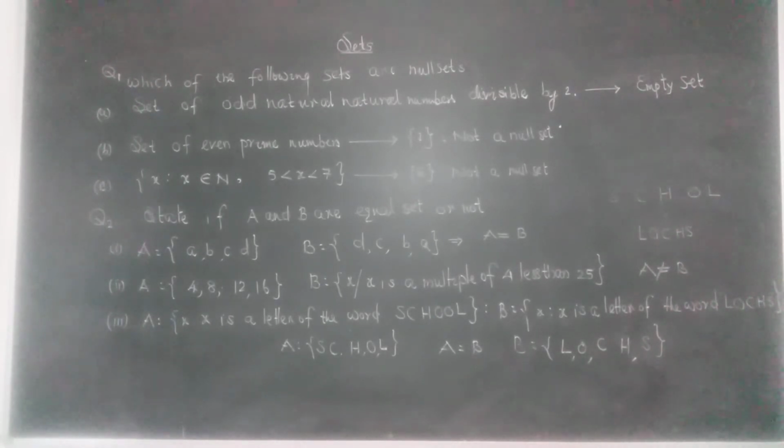These numbers will be the prime numbers. And from this group, you need to have another quality: it must be even. So when you select from the group 2, 3, 5, 7, etc., there is only one number, that is 2 alone. So I can make a set that becomes {2}. That set contains one element, 2. Since there is one element, it cannot be a null set. It cannot be an empty set.